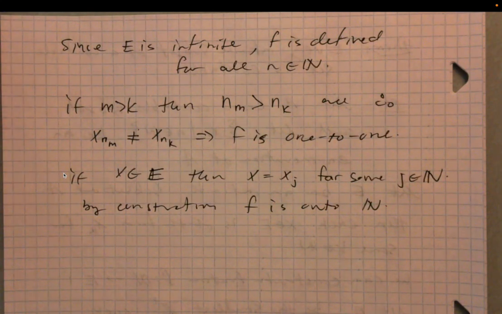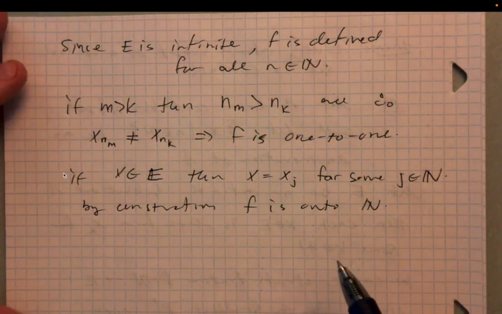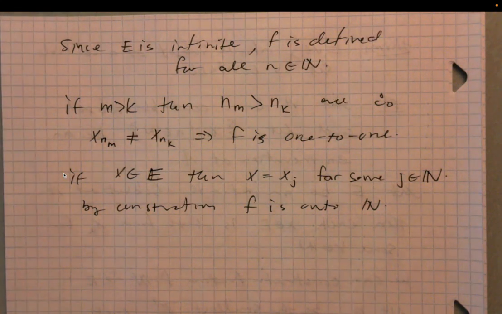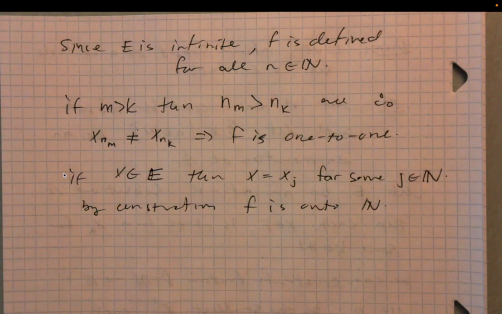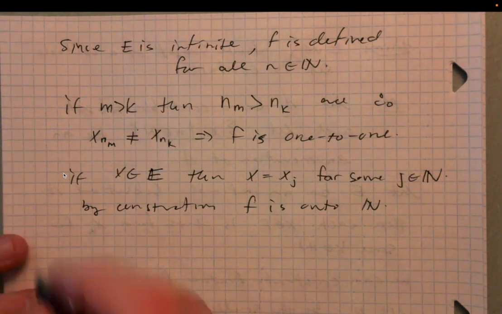If you start with a countable set and you've got some infinite subset of it, then there's always a way to map that infinite subset to the natural numbers, just using this kind of enumeration concept.